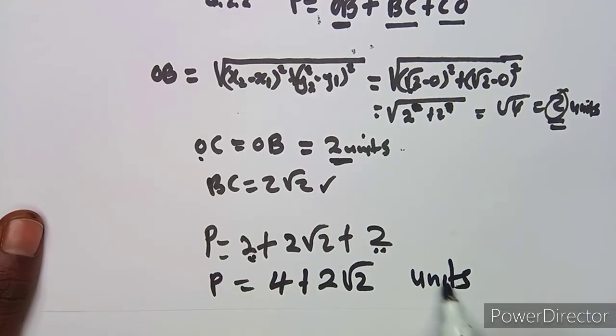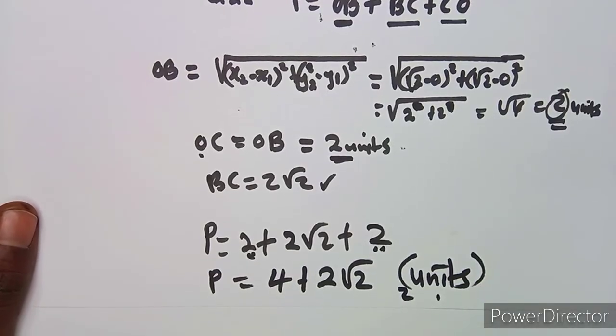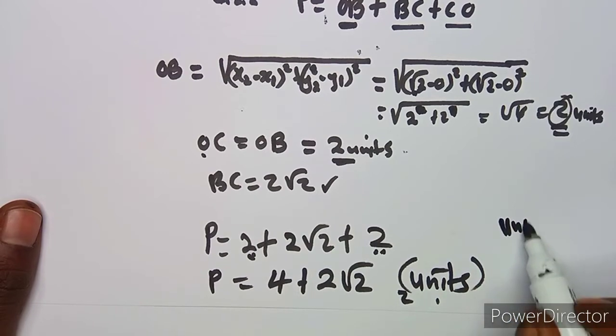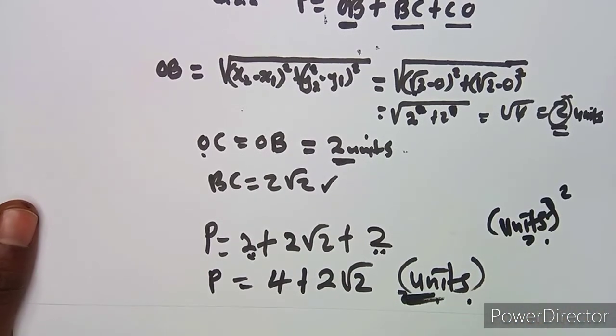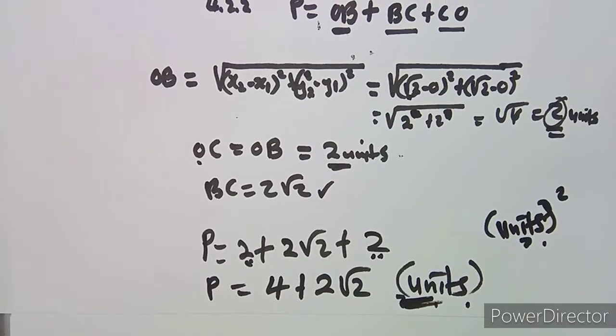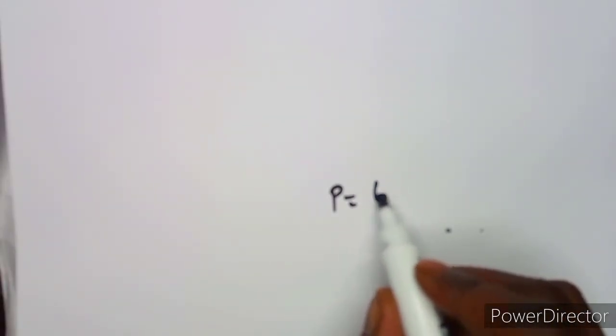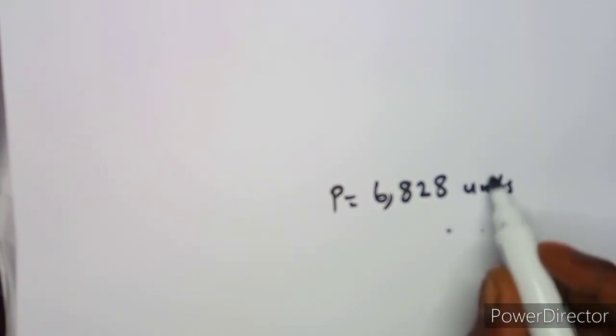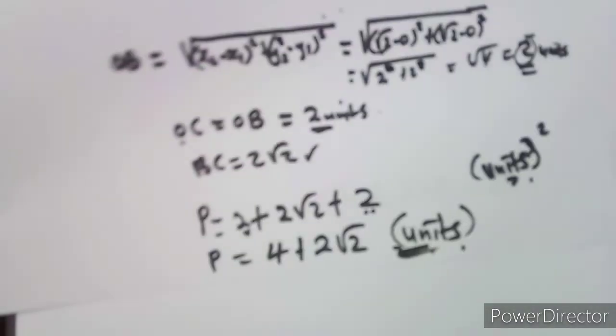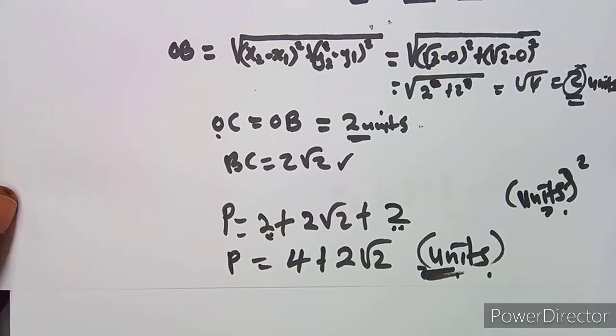So for perimeter you just put units. If it was area, you would put square units, but perimeter is just units as they are. Or you can simplify this as a decimal. It's going to give you 6.82 units if you put it as a decimal, or you can just leave it like that. Still, it's one and the same thing.